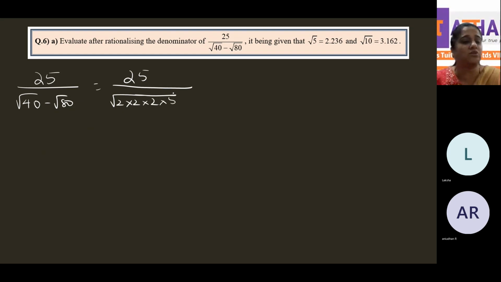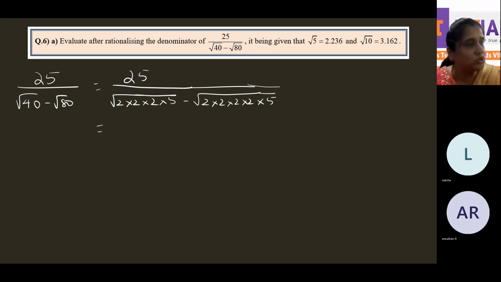That prime factorization, you all know that. And what is root 80? Root 80 is 2 2s are 4, 4 2s are 8, 8 2s are 16, 16 5s are 80. If you can express any surd as a mixed surd, you should do that.